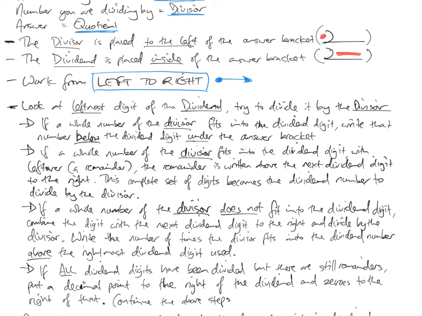Instead of just looking at 2 here and dividing by 3, you combine the 2 with the next dividend digit on the right. So let's say the next dividend digit was 0, so it becomes 20. You try to divide 20 by 3 instead. When you've worked out how many times the 3 fits into it, you write that number underneath the rightmost dividend digit you were looking at.